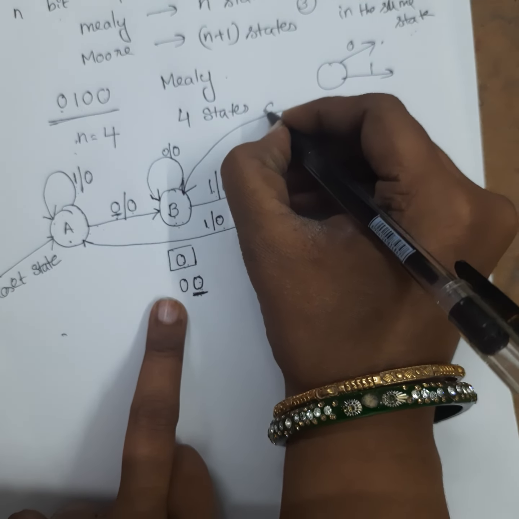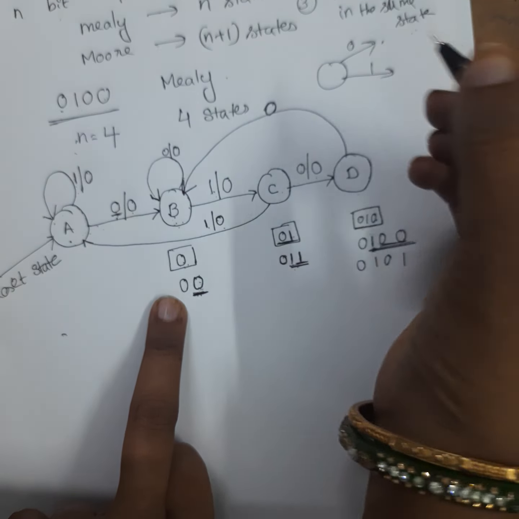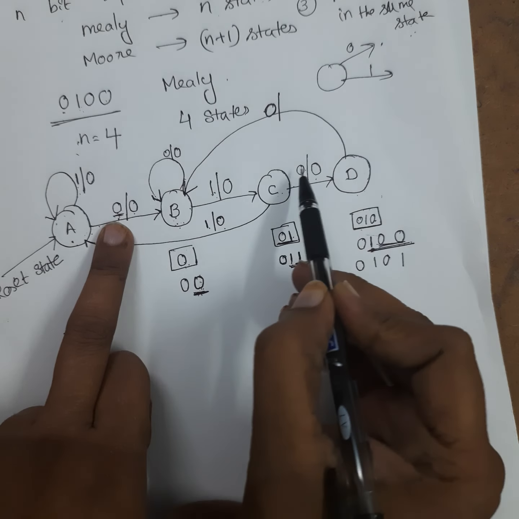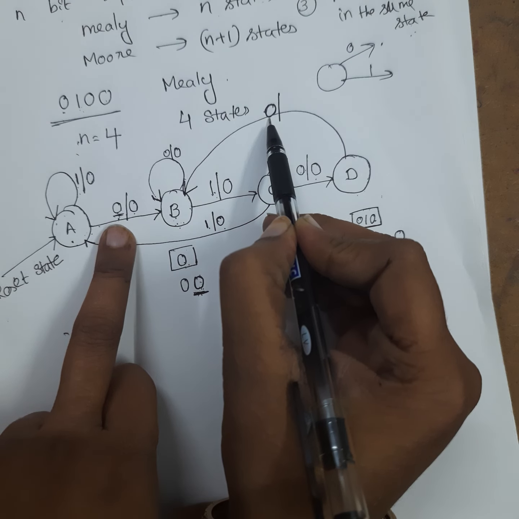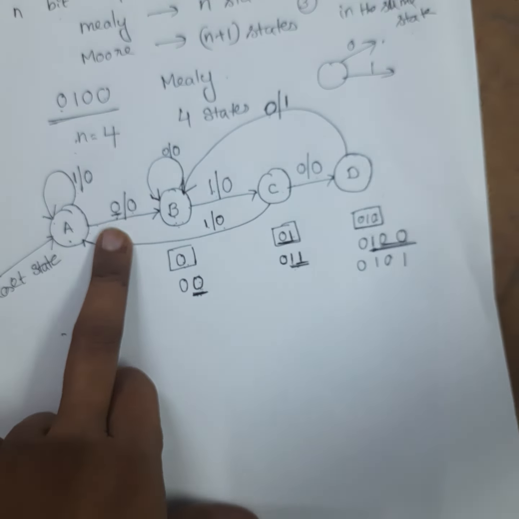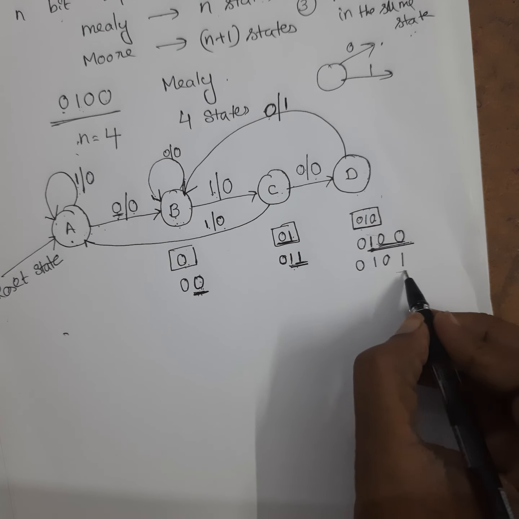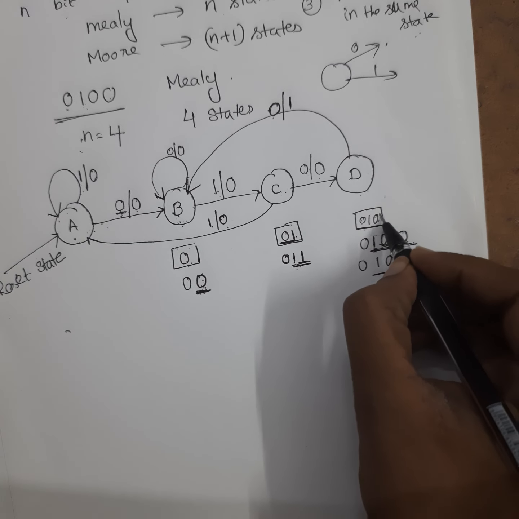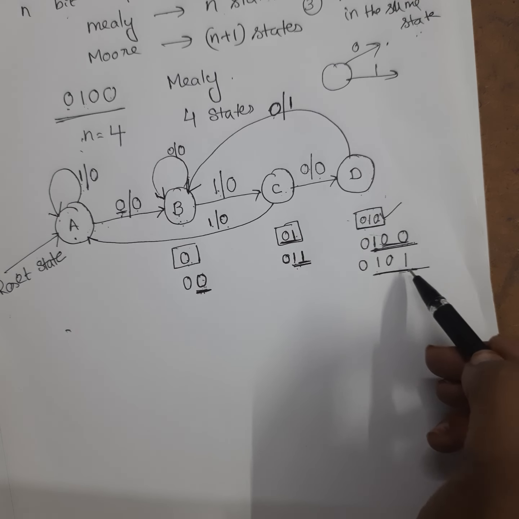For 0, the sequence 0, 1, 0, 0 means the required sequence is detected, so the output should be 1. Next, what happens for 1? Compare 3 bits with the detected bits 0, 1, 0: no match.